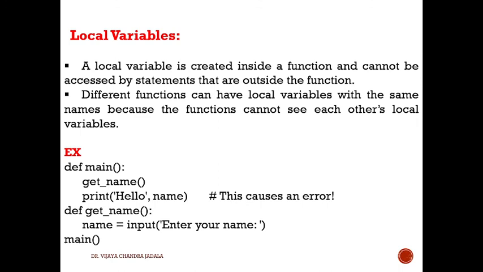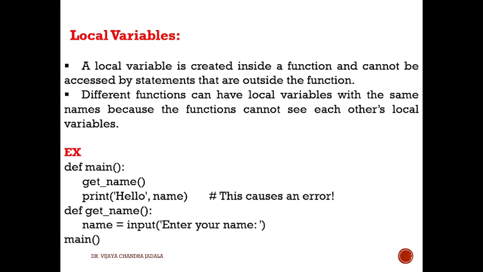Okay, with this local and global variables topic, we are going to conclude. Before that, once again I am going to discuss the scope of variables, that is, global and local variables. All variables in a program may not be accessible to all locations in that particular program.